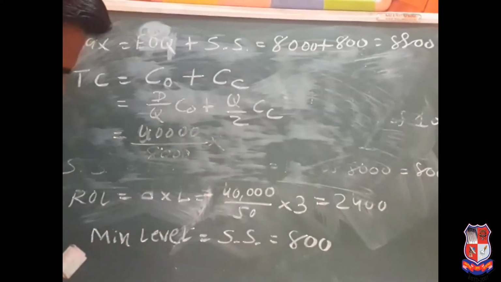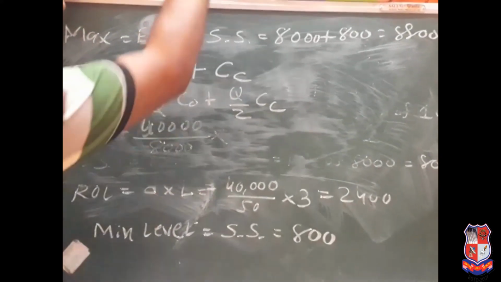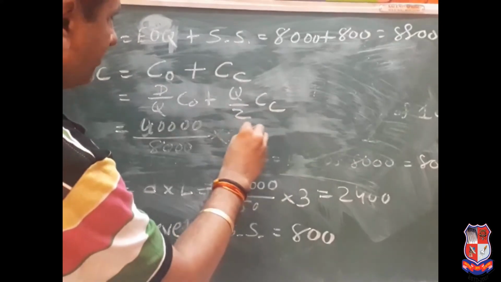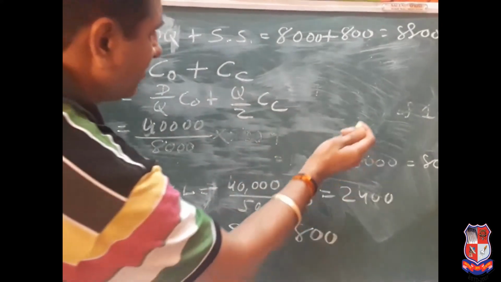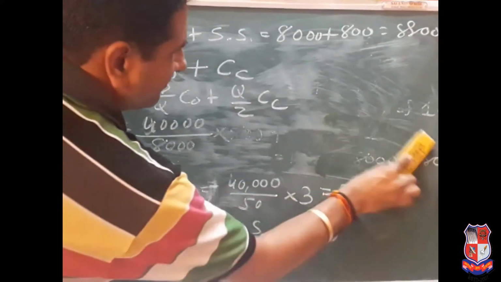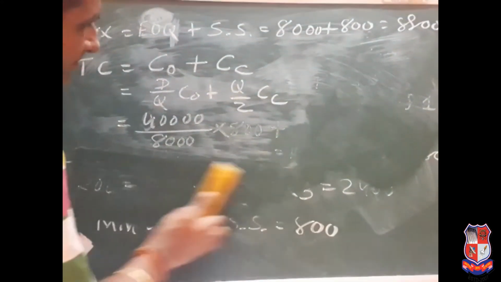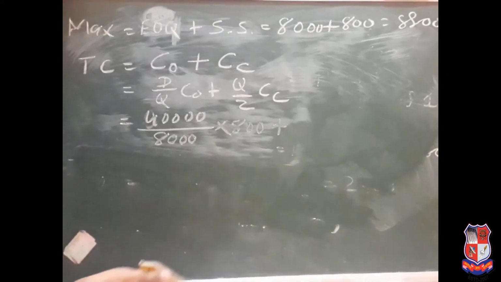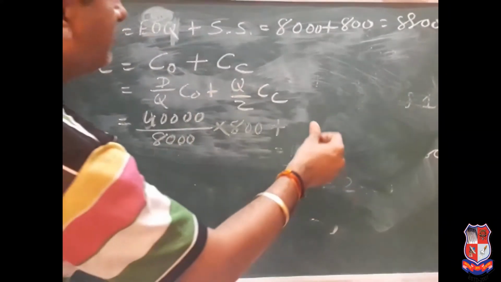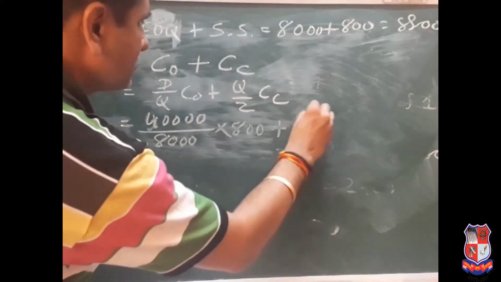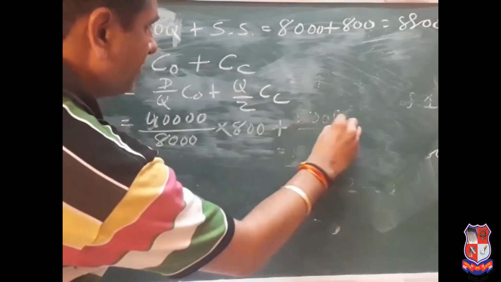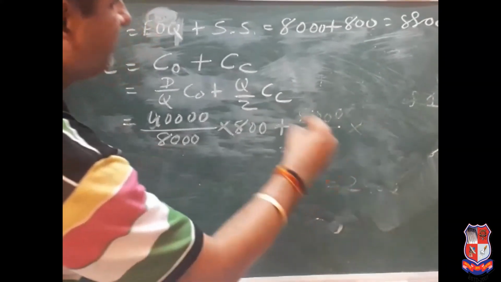Then your ordering cost is 800, plus again, Q is your EOQ quantity, so 8,000 divided by 2 into carrying cost.